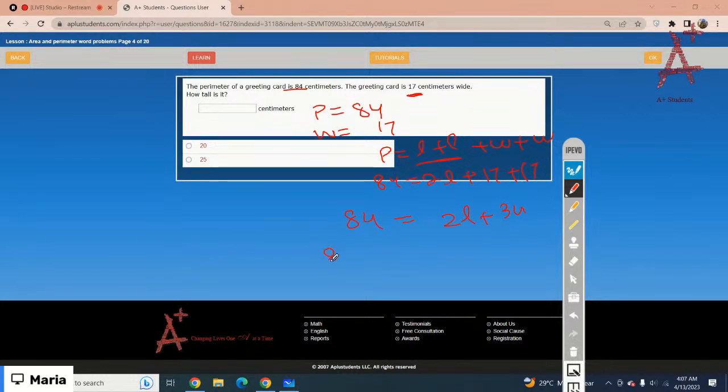Move 34 to the other side: 84 minus 34 equals 50. Divide both sides by 2, so L equals 25, because 2 times 25 is 50. That means the length of the greeting card is 25.